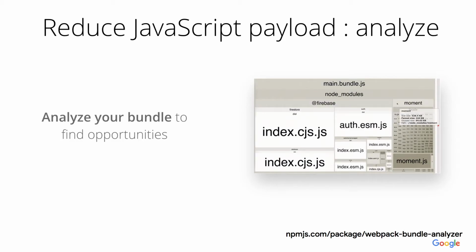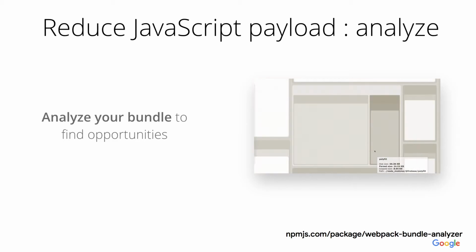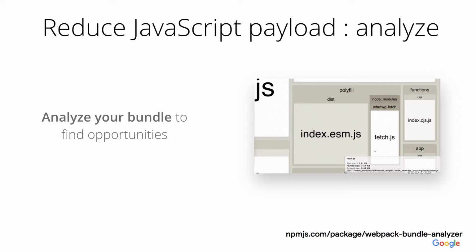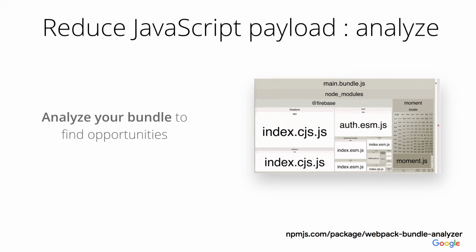And you will be able to, for example, quickly flag a specific library which is loading a lot of non-super useful things. Or for example, if you use Lodash and you are loading all the Lodash functions instead of only the functions that you use, or these kinds of things.